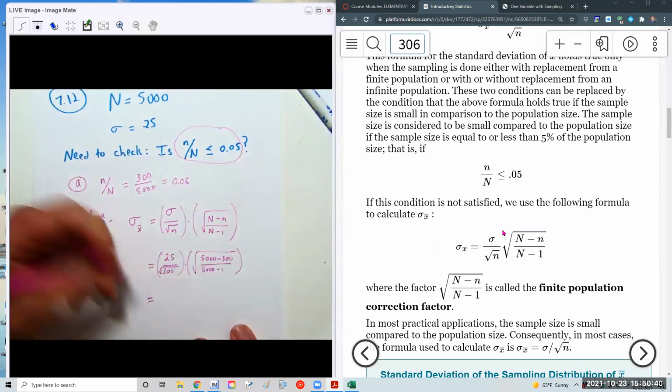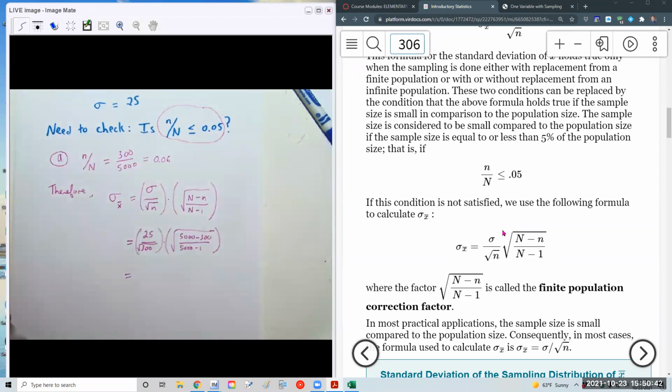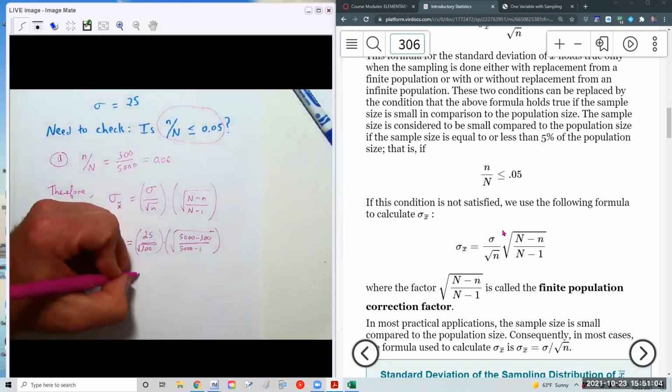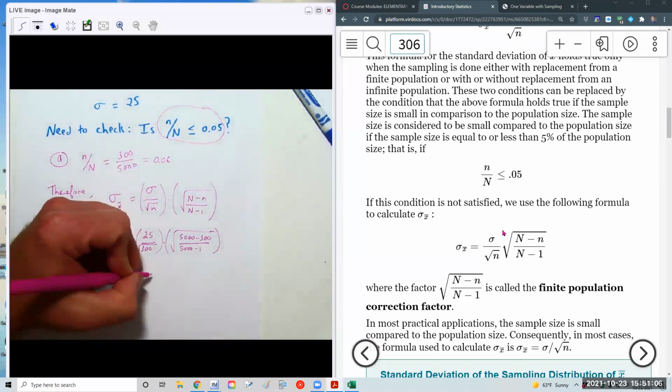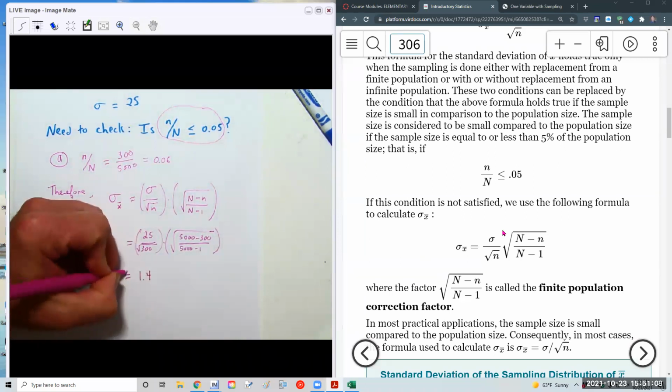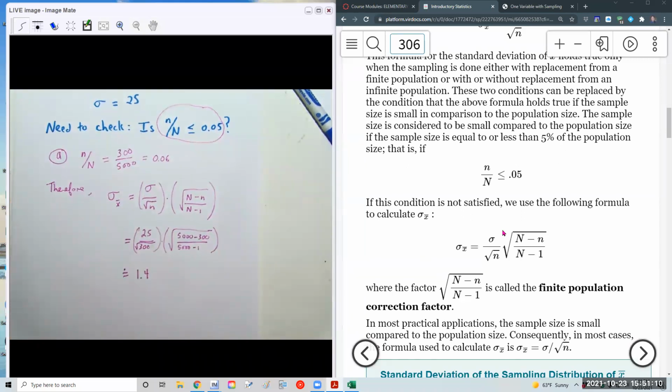So we'll run that through the calculator now, see what we can get. And I'm getting that this is about 1.4. So I'm approximating. This is about 1.4.